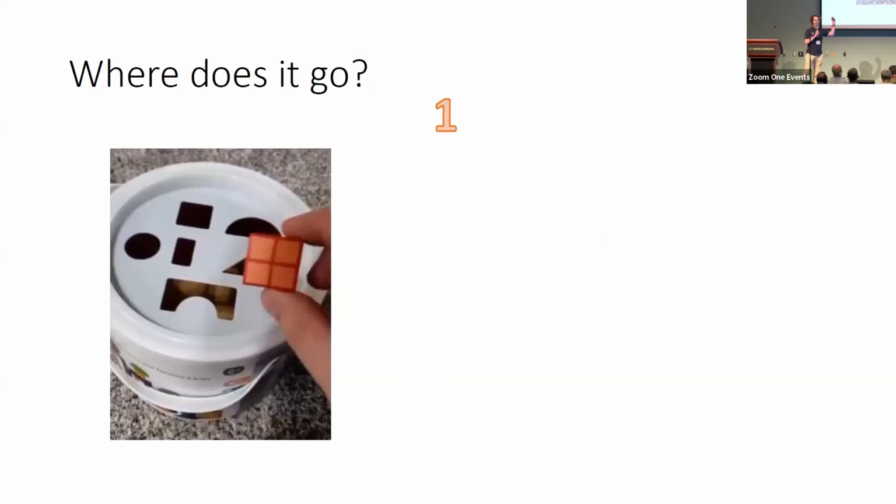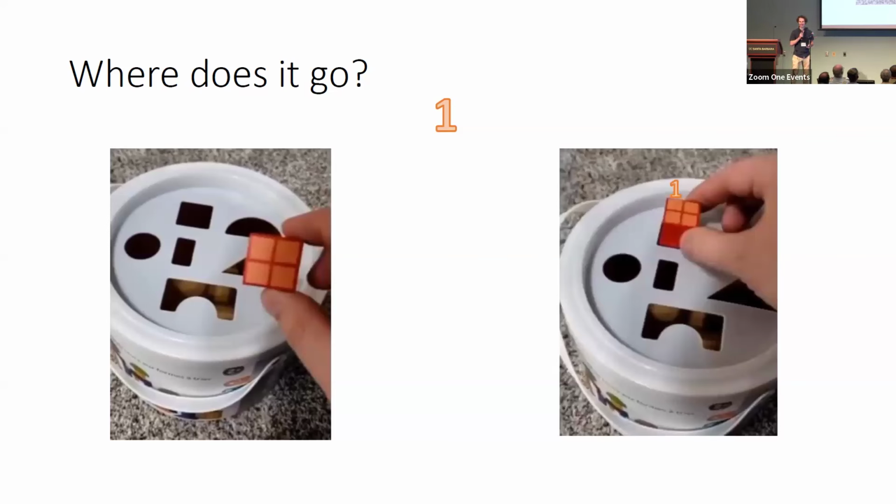All right, up here, I have a bucket with some holes in the lid, and I've got a shape that corresponds to the number 1. This is an interactive talk. I'd like you to shout out which hole this square cube goes into. There we go. Very nice. All right. What about other numbers?